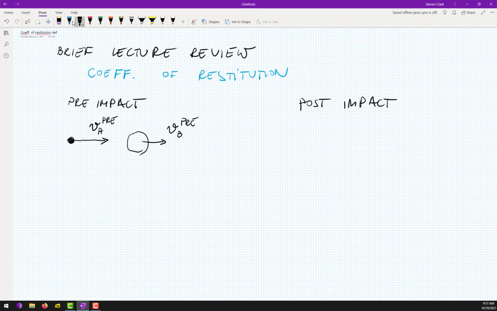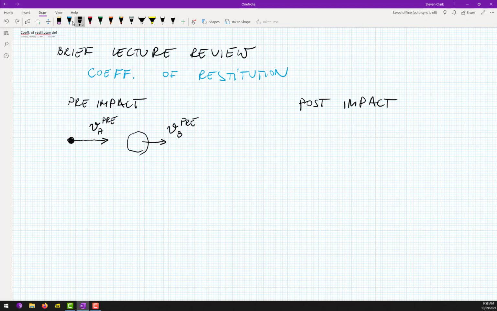By the way, in your lecture notes, Professor Sunny, and every other professor in this course, uses nomenclature like VA minus and VB minus, then VB plus, VA plus. Too many minuses and pluses for me. I never remember which one is which. So I propose my nomenclature: pre means pre-impact, post means post-impact.